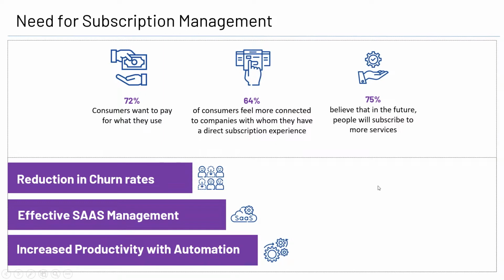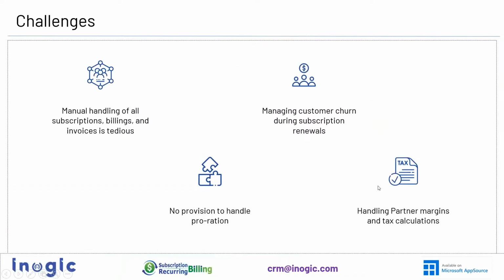Having said that, let's see what are the challenges that generally organizations face while handling subscriptions, especially manually. So when you have manual handling of all the subscriptions, billings, and invoices, it is a really, really tedious process.